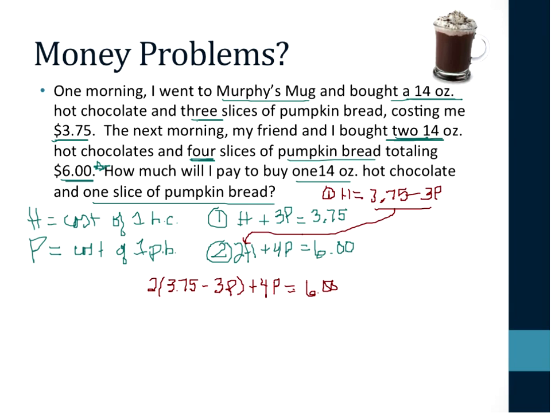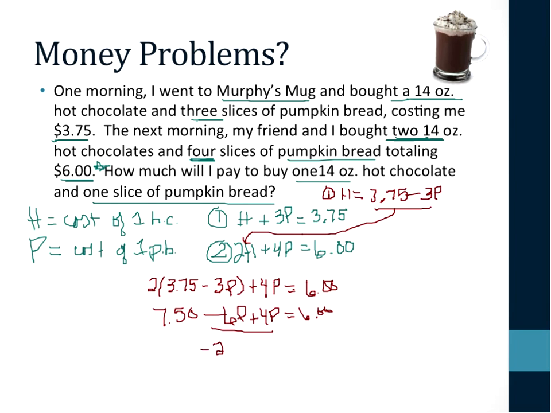So now using algebra, I'm going to distribute 2 to 3.75, giving 7.50, I believe. Yeah, 7.50 minus 6p plus 4p equals $6.